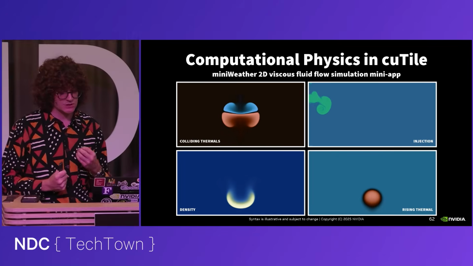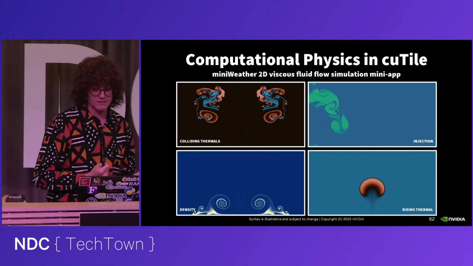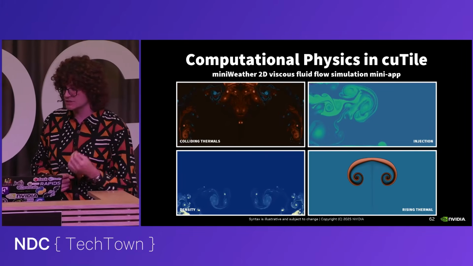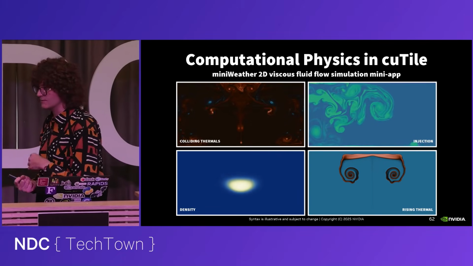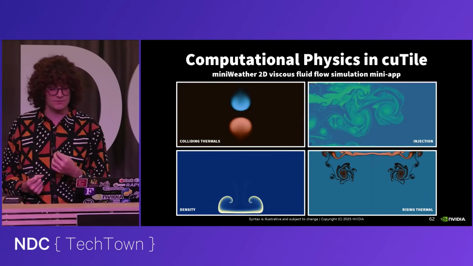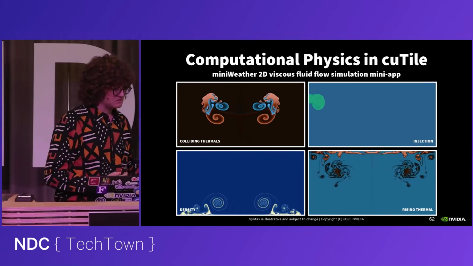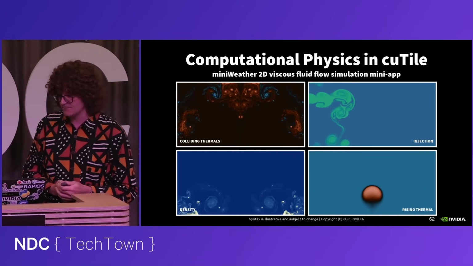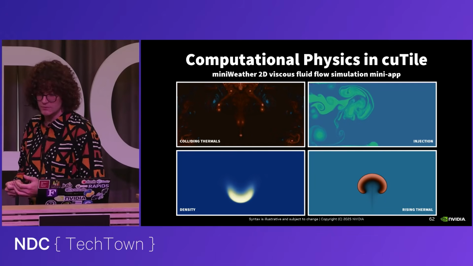But cuTile isn't just for large language models or machine learning. This extends the CUDA model and applies to GPU programming in all domains, from HPC to data science to computer vision. In just a couple of weeks, we were able to port Miniweather, an HPC mini app for 2D viscous fluid flow, to cuTile.